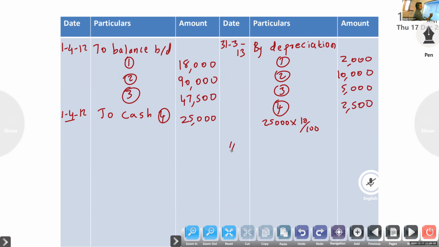Then same date, by balance CD. 1: 18,000 minus 2,000. 2: 90,000 minus 10,000. 3: 47,500 minus 5,000, 42,500.